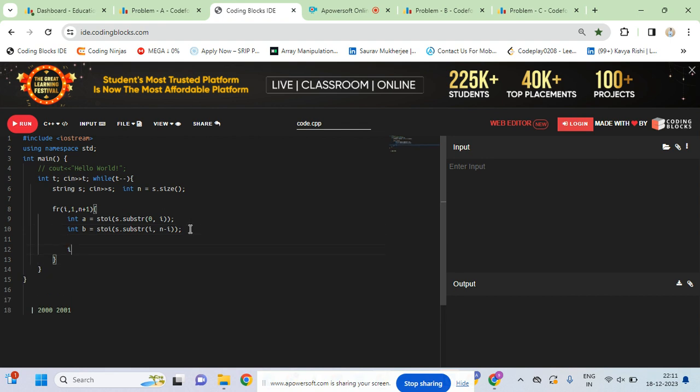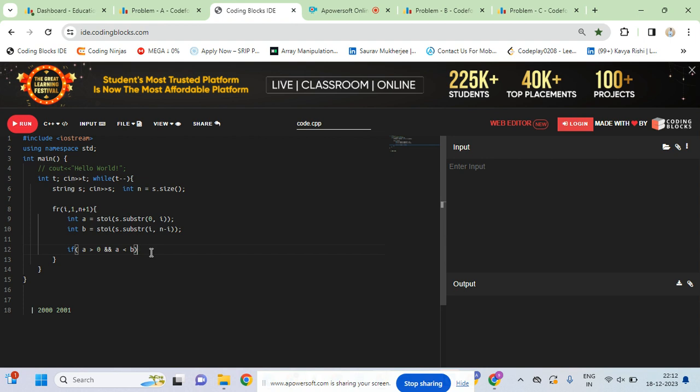And if this is fine, it satisfies the condition that a is less than b, and a is not equal to 0. Let me say a is greater than 0, and a is less than b, which means b is obviously greater than 0, so that's fine.